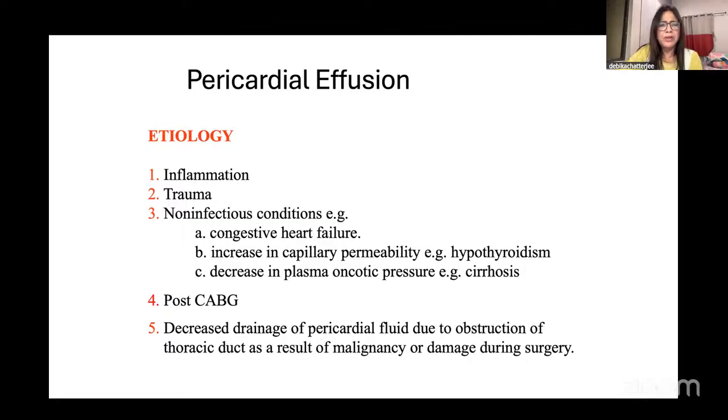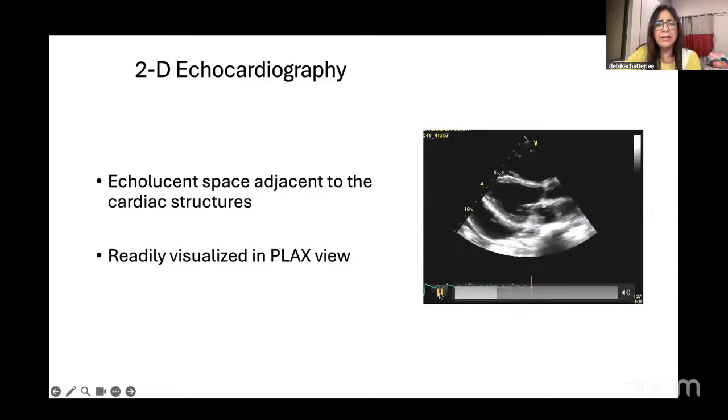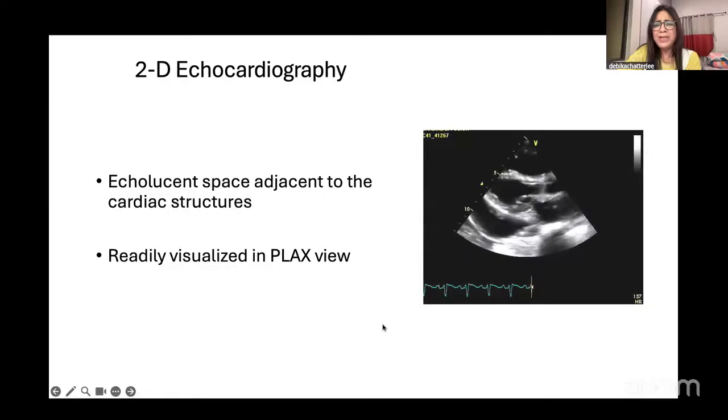So it is echocardiography which is the primary investigation modality to identify this pericardial effusion. It can pick up pericardial effusion very easily, as an echolucent space adjacent to the cardiac structure.